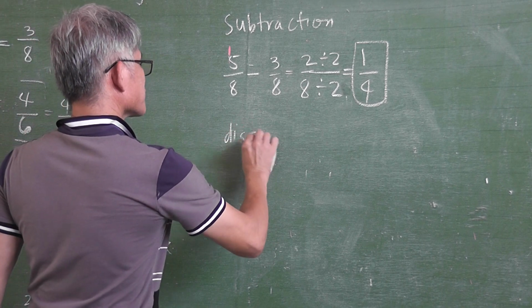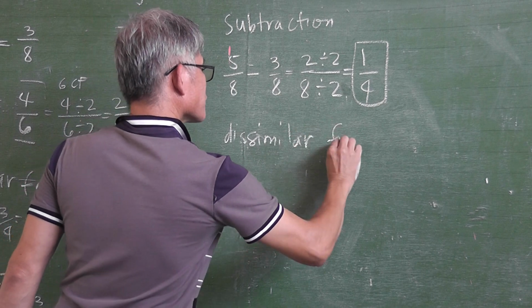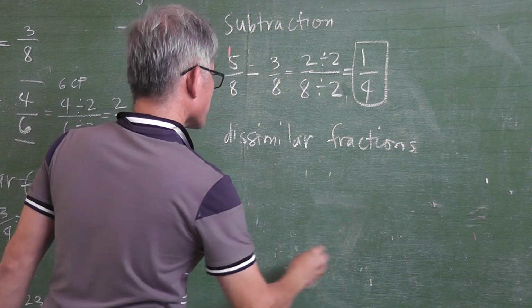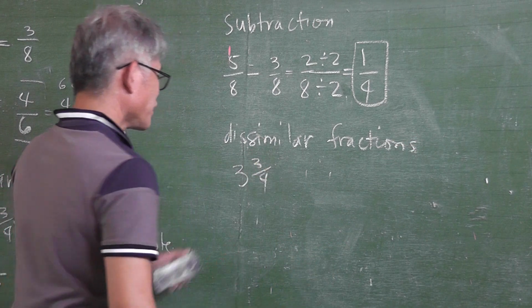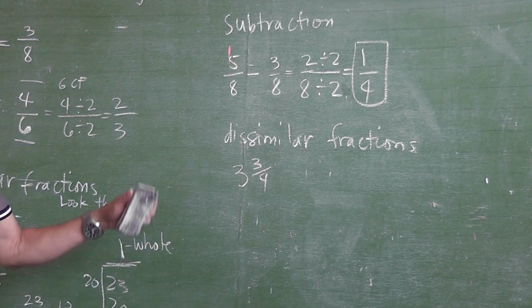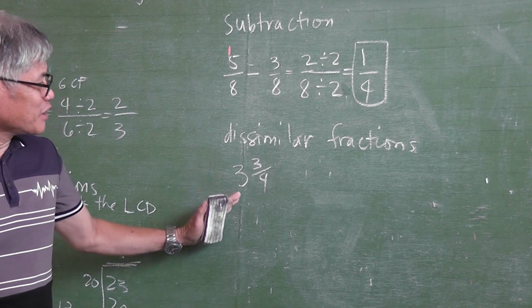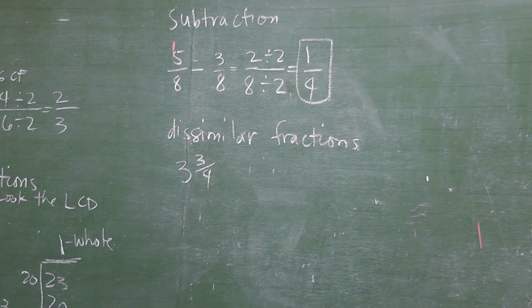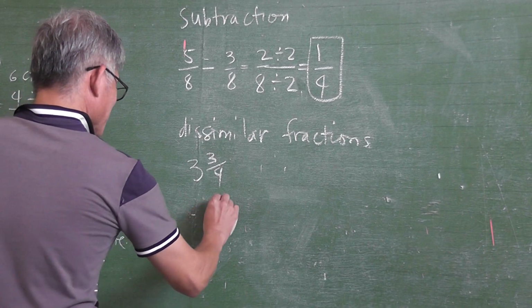Dissimilar fractions. 3 and 3/4, you can observe this mixed number, but don't worry, because if it is a mixed number, you subtract the whole number by the whole number, and then 1/6 will subtract by a fraction.